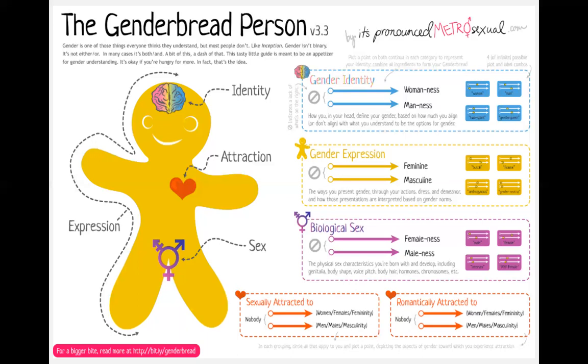A masculine woman, so in terms of her gender expression, she is masculine in her expression, or a feminine man might result in people saying, oh, I know that person is gay, or I know he likes men or she likes women. And that's because they're taking that person's gender expression and linking it to stereotypes related to sexual orientation.